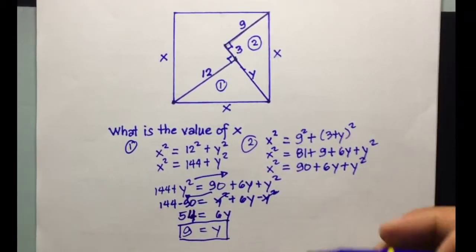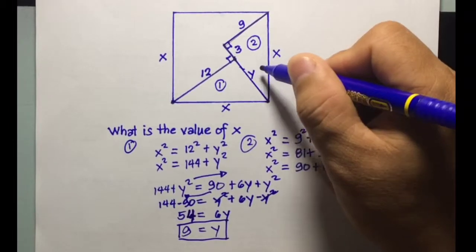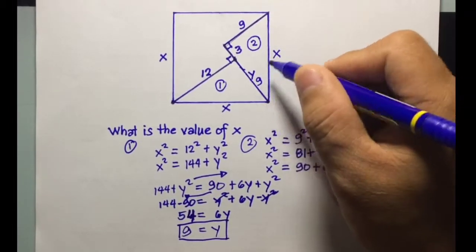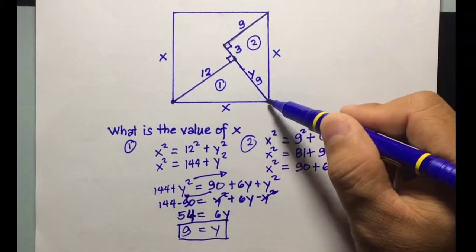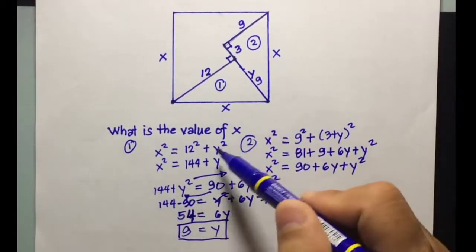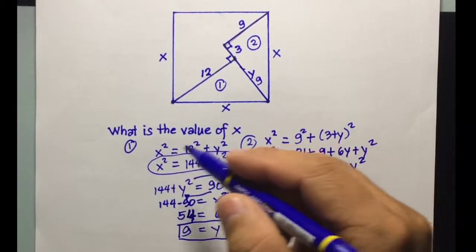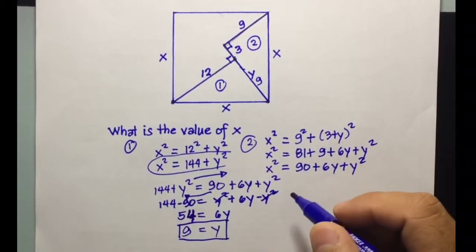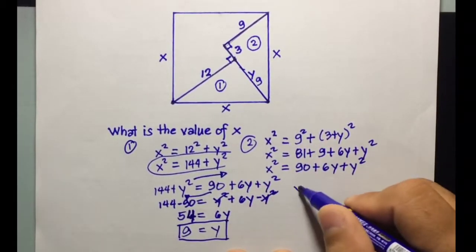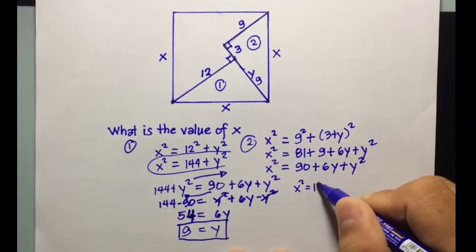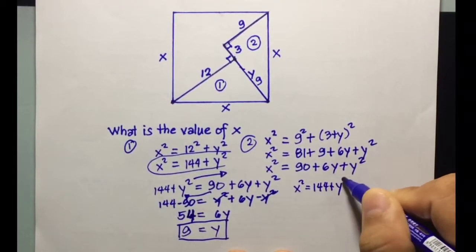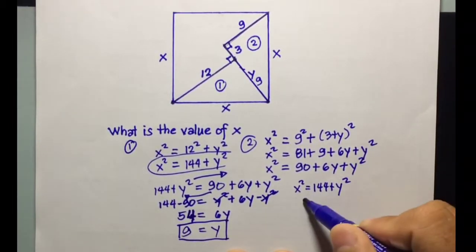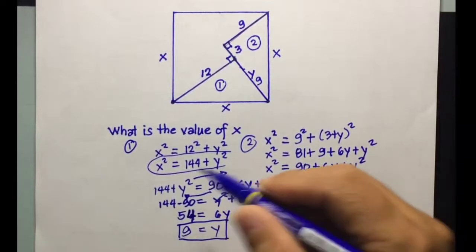So since y is equal to 9, we can now find the value of x. We have in equation 1, x squared equals 144 plus y squared. Using that one, we can now find the value of x.